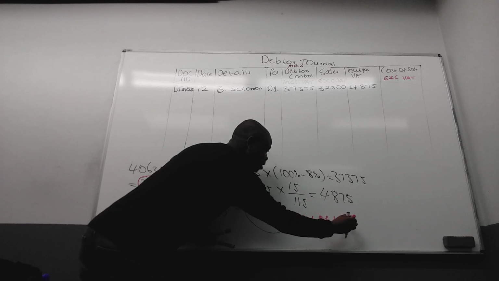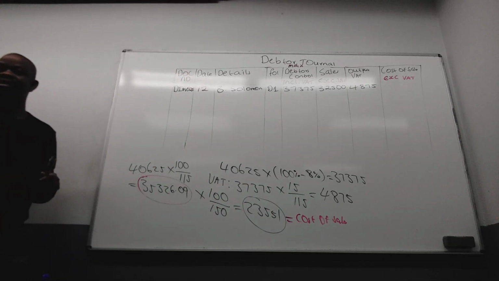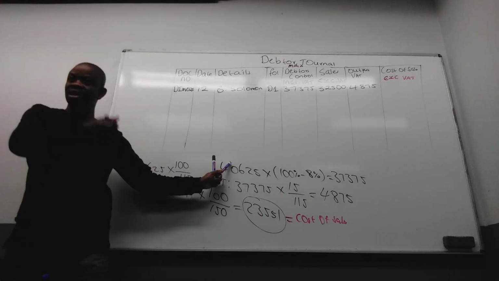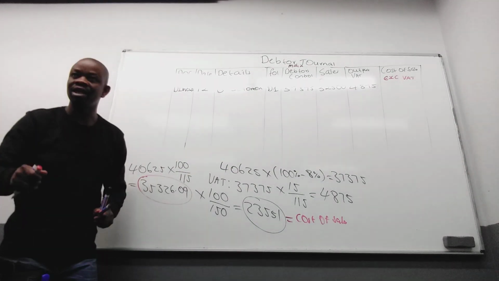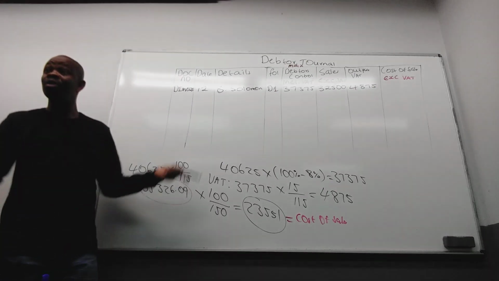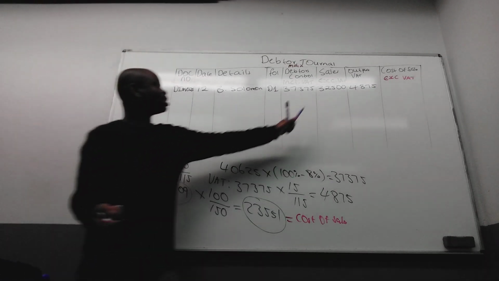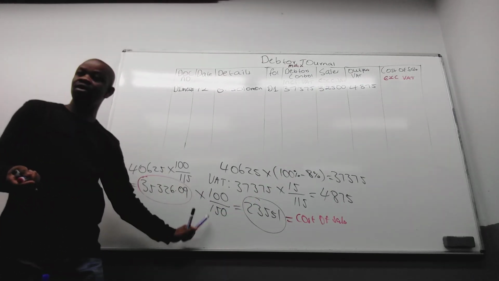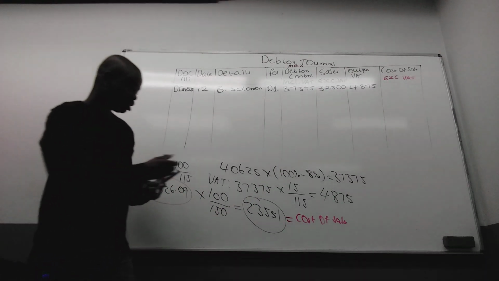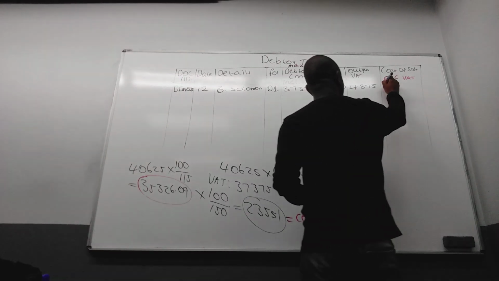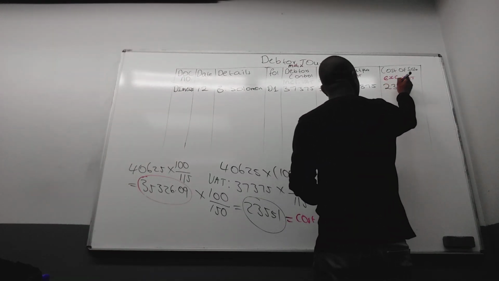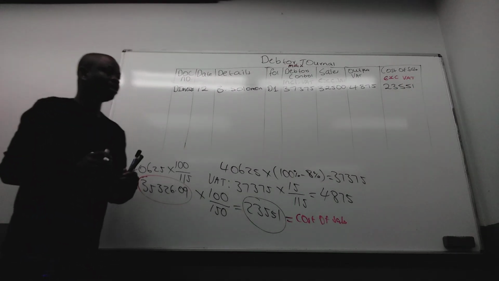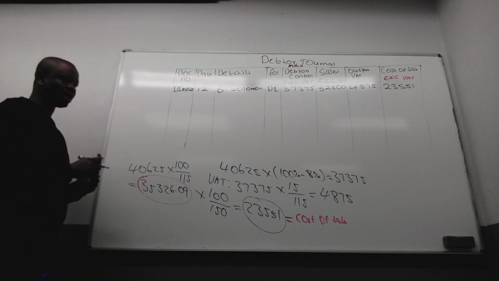I want you to be careful, especially where there's a discount. Do not use this. Use the original, only take out VAT and calculate. But if there was no discount, we're supposed to say 35,000 times 100 over 150. Check that. So we found 23,551. Okay, so this is the one that we need to find.